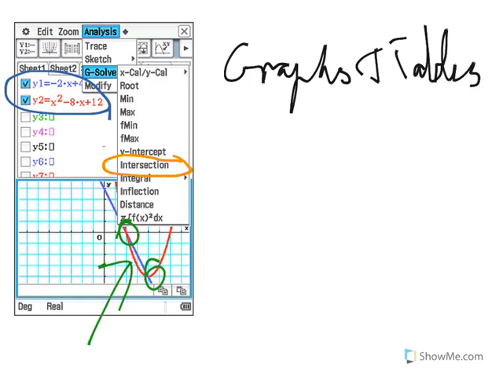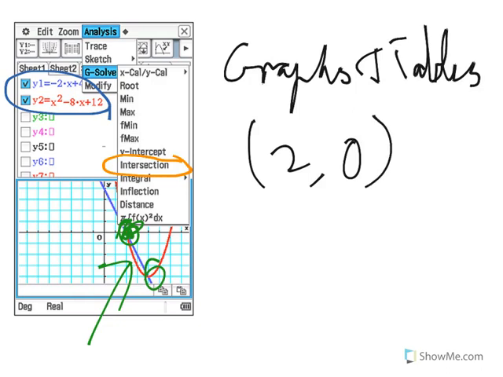If you tap on that, first of all it will come up with this one, and it tells you it is 2 and 0.